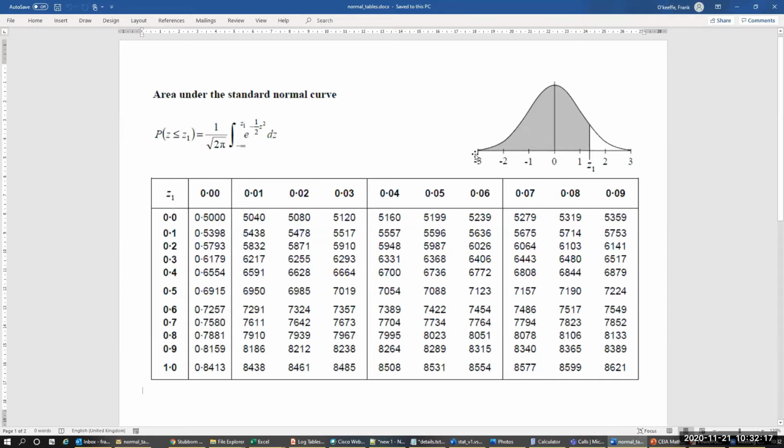What is being plotted is the area under the standard normal curve up to some value Z1. You look up Z1. For example, if you want to find 0.73, you go to the 0.7 and over to 0.03, and you find this value here, and that's 0.7673.